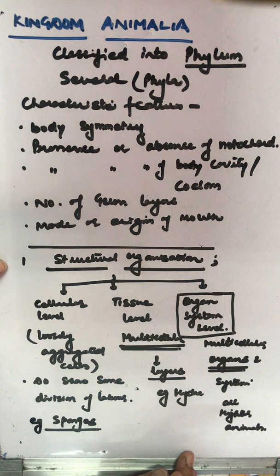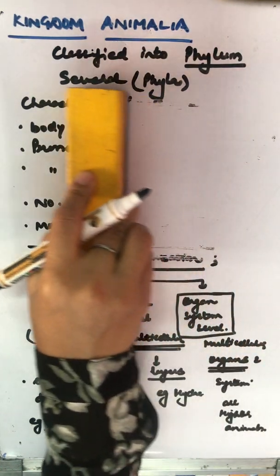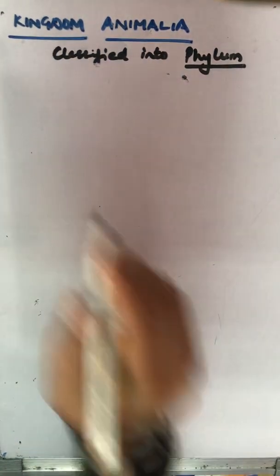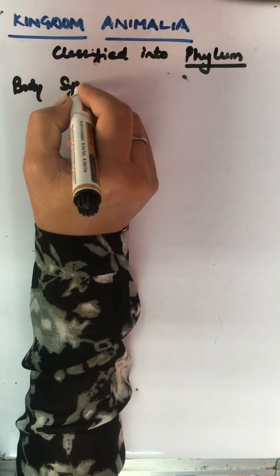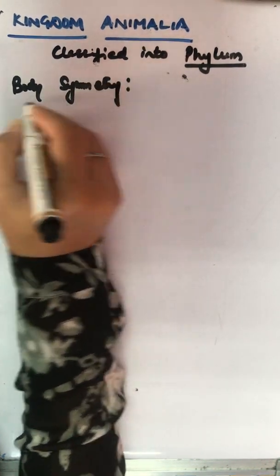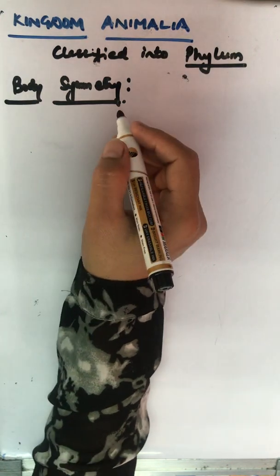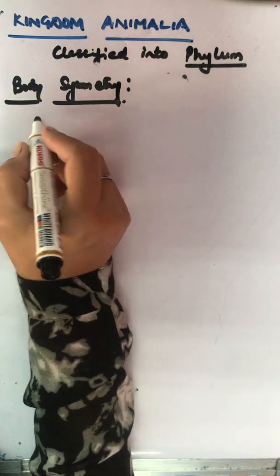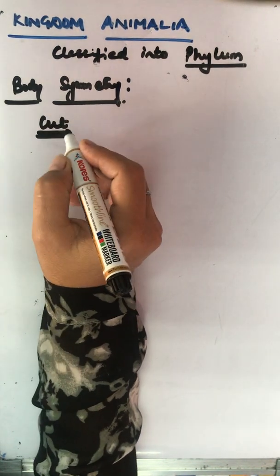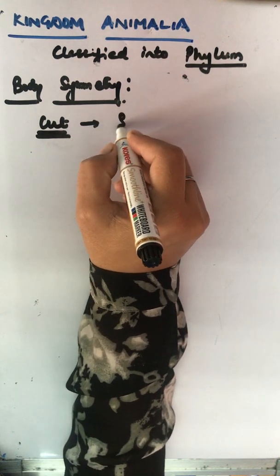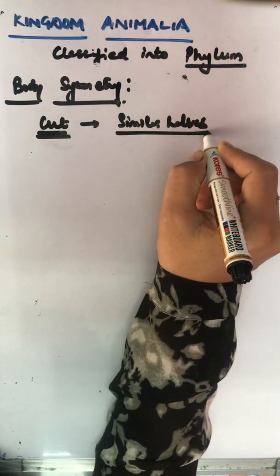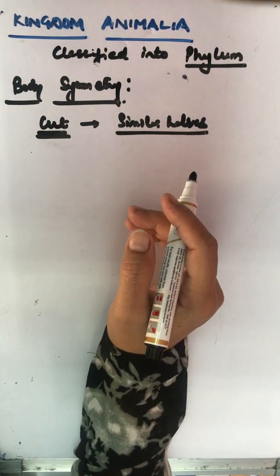This is the first. Now we move to the second one, body symmetry. When we talk about the body symmetry of these organisms, we mean the arrangement of body parts is in such a manner that it is possible to cut the body into similar halves. Then we call it symmetrical.